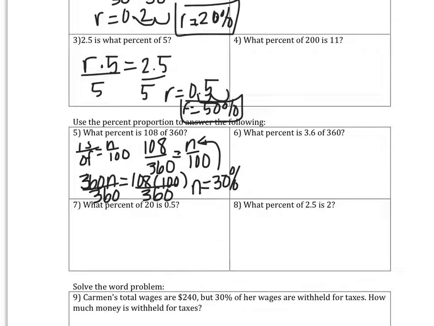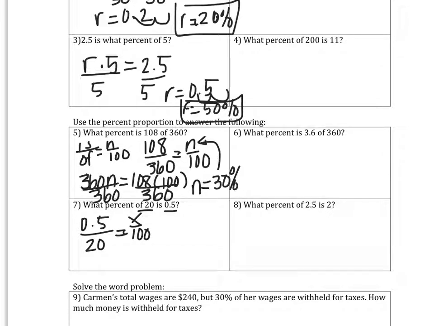Let's do number 7. What percent of 20 is 5/10? "Is" over "of" is equal to what percent?